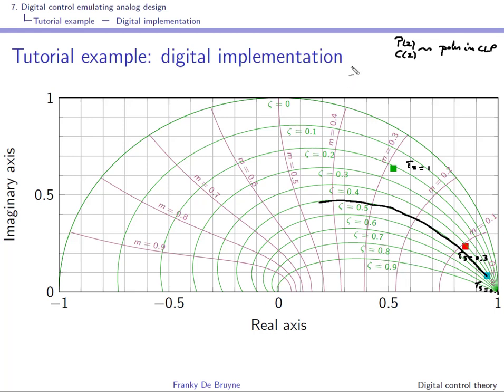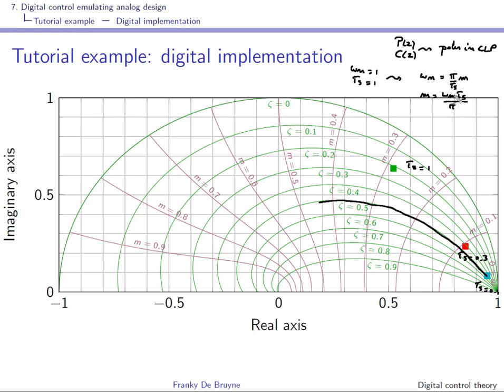With an omega n equal to 1 and a Ts equal to 1, we can compute the equivalent m, and we know that omega n is equal to pi over Ts times m, of course. So m is equal to omega n Ts over pi.